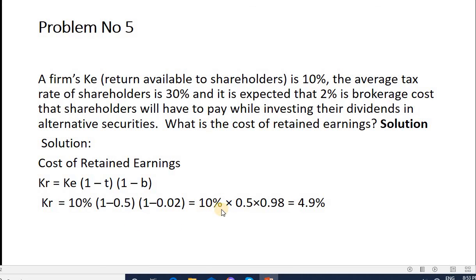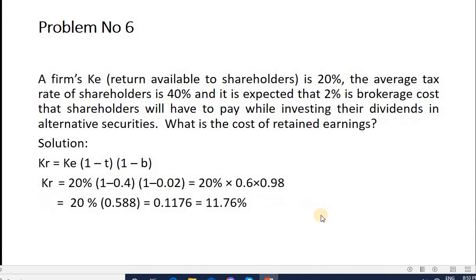So this is 10% into 0.5 into 1 minus 0.02. Here the average tax rate is 50%. I have written wrongly as 30%. It is 50%. So 10 into 0.5 into 0.98 is 4.9%.